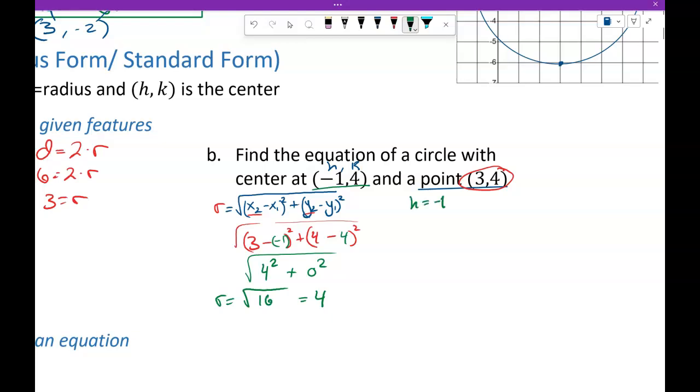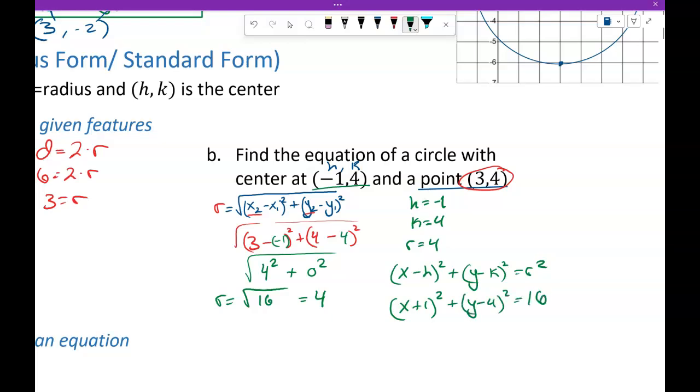So we have our center at -1 and our k value of 4, and then our radius of 4. So we can plug it into our equation. X minus h squared, y minus k squared equals r squared. X plus 1, y minus 4, and then 16 for the radius squared.